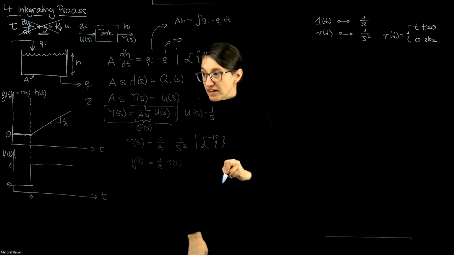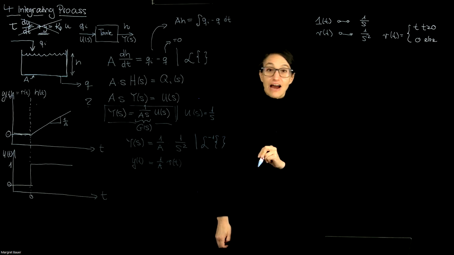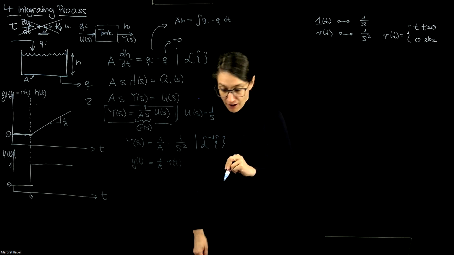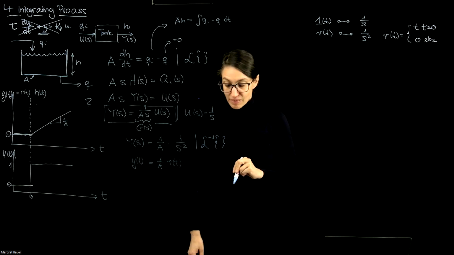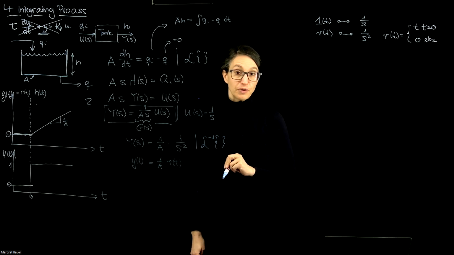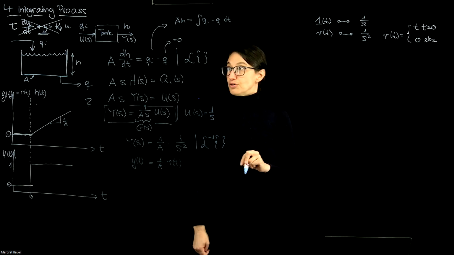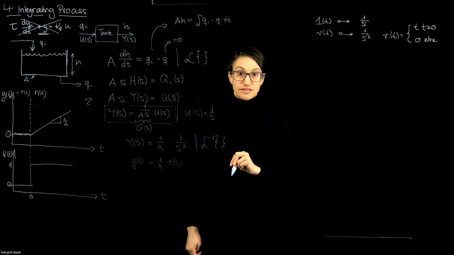So my level will rise. Will it ever stop rising? It won't. It's going to carry on ad infinitum forever and ever, because it's what we call an unstable process.